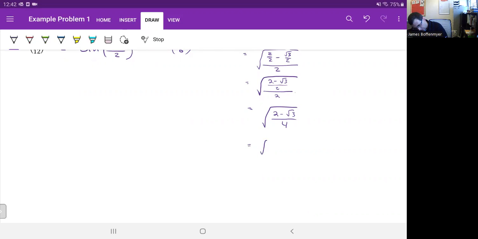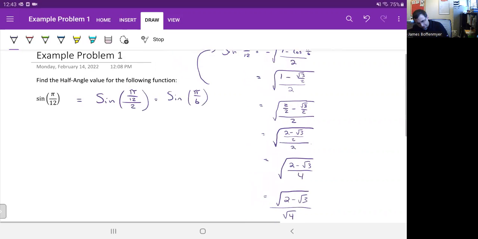So this would be the square root of 2 minus the square root of 3 over the square root of 4. Now the square root of 4 is 2. So on the top, you would still have the square root of 2 minus the square root of 3. On the bottom, you would have 2. Okay? That would actually be your final answer.